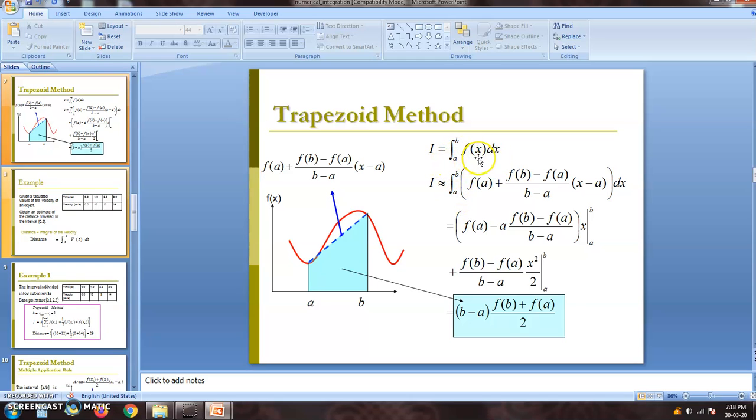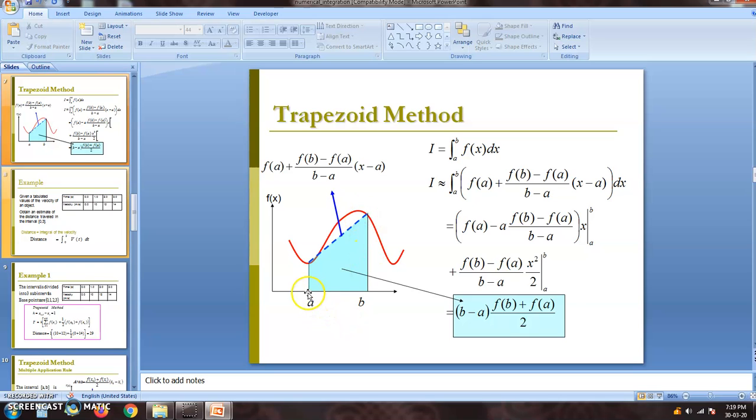We convert this by fitting f of a plus f of b minus f of a upon b minus a into x minus a as the function, which is a linear or 2-point polynomial. Using this 2-point polynomial and evaluation of a0 and a1 gives us a formula which is nothing but the calculation of the area of this trapezoid, which is formed by f of a and f of b.